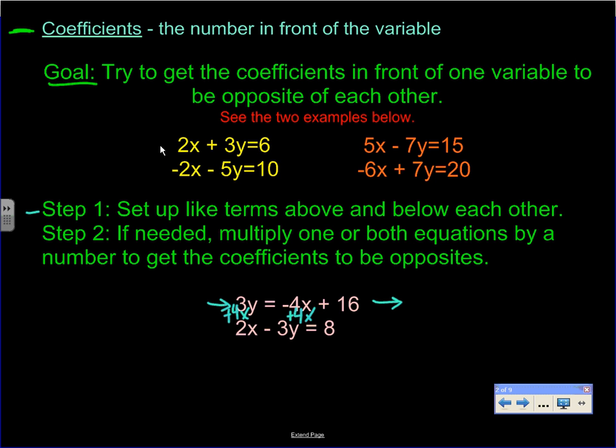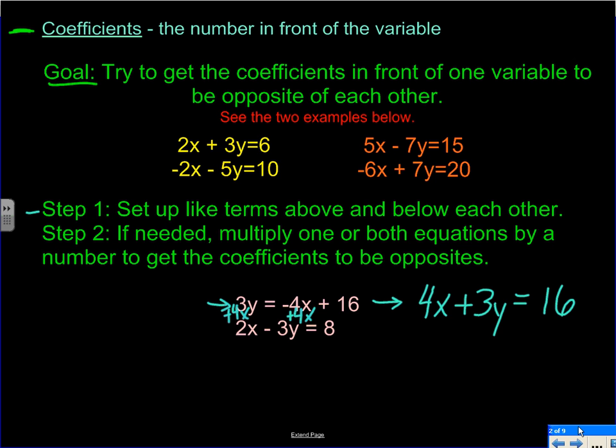And so this one changes to 4x plus 3y is equal to +16. And the bottom equation stays the same: 2x minus 3y is equal to 8.